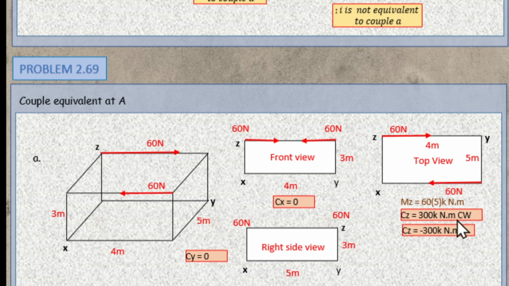Because based on the right hand rule, clockwise means negative. So for our couple at A, we have negative 300 Newton meter. We don't have a value for our Y and X, but we have a value for our Z. So the total equivalent couple at A is equal to negative 300 Newton meter.